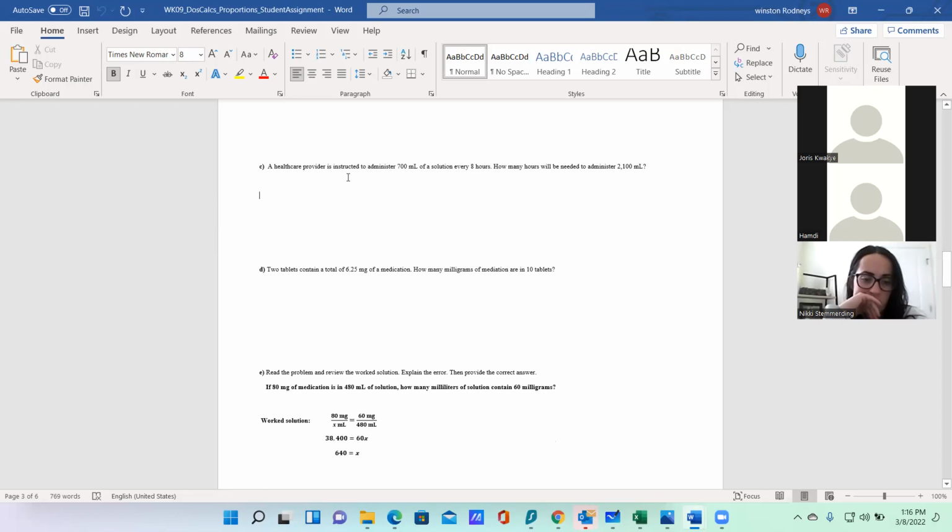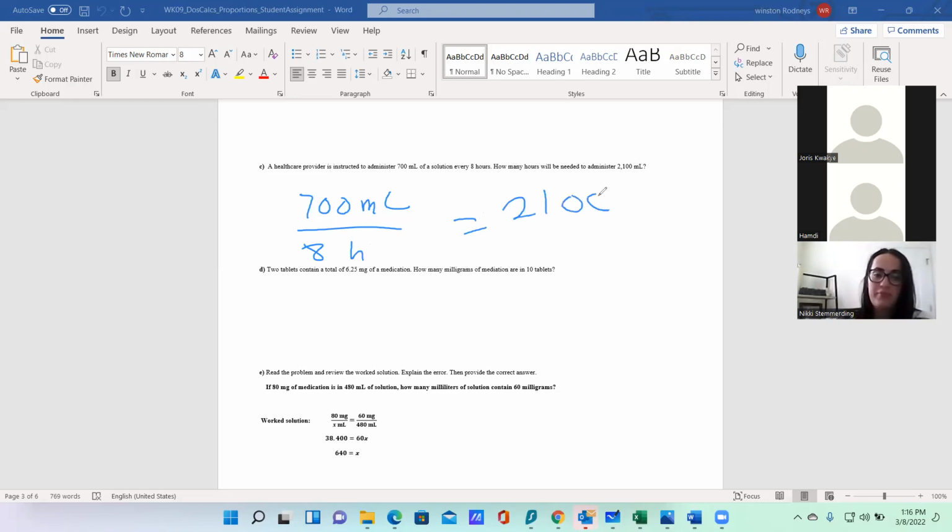This one says a healthcare provider instructed to administer 70 mLs every 8 hours. How many hours will be needed for 21 mL? Well, you can set up a proportion to do this one. You're going to say 70 mLs every 8 hours, so 2100 mLs, how many hours?